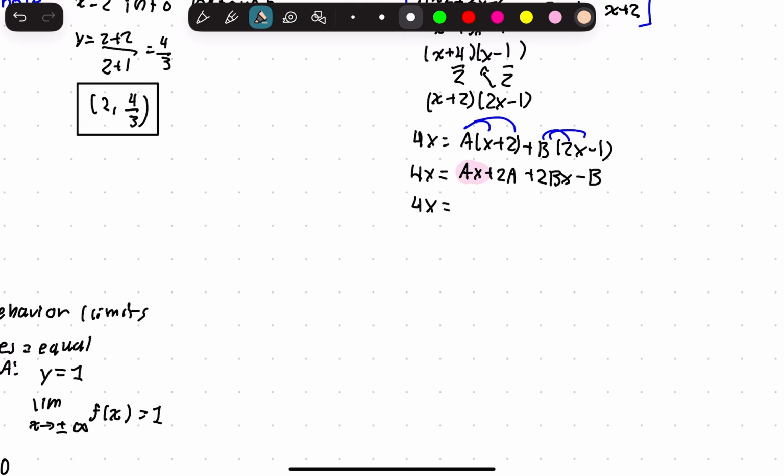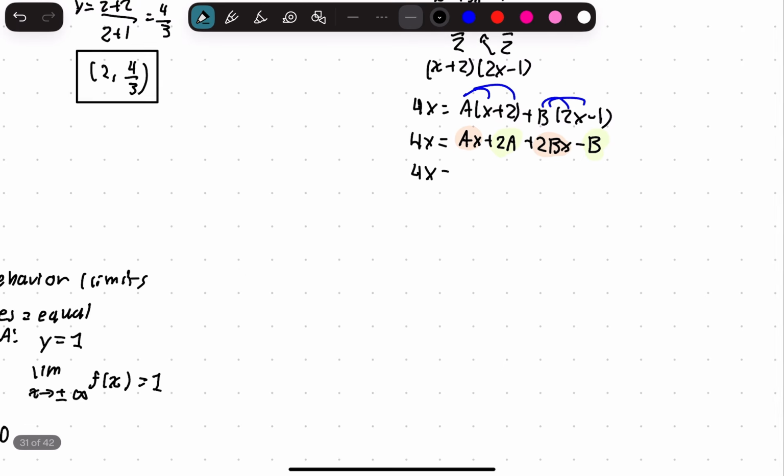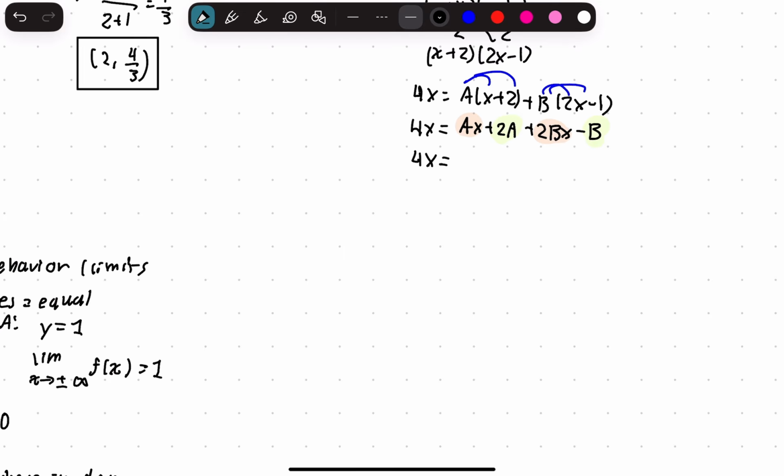So we'll use orange for linear, and then these for constant. So we have 4x equal to A plus 2B x, factor that out, plus 2A minus B.